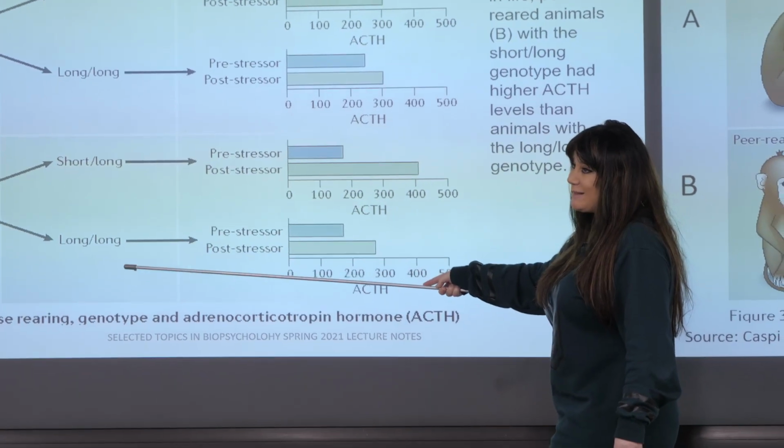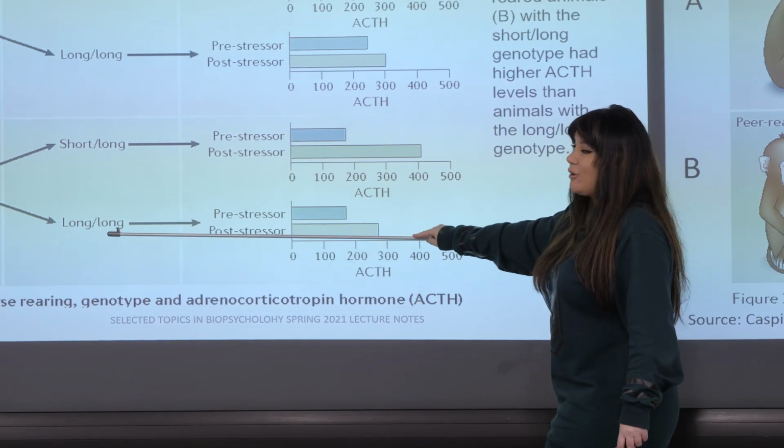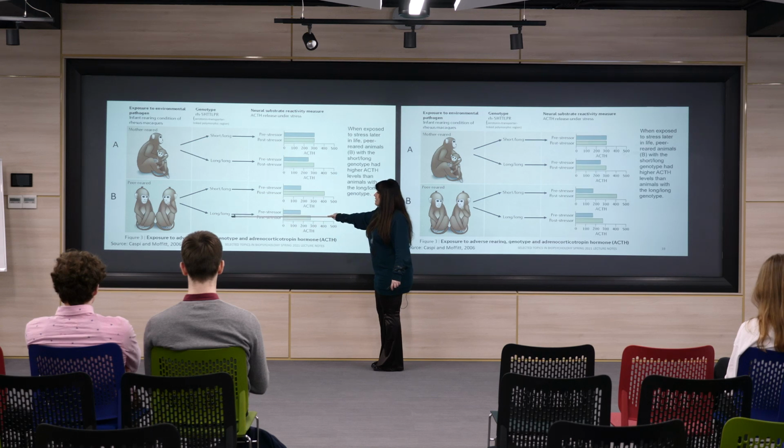First of all, let's talk about what it means in terms of serotonin. If there is the long genotype for the protein, that means there is more serotonin transporter protein in this case. And the animals who have this will have less serotonin. Is that correct? So the one who has more serotonin transporter is expected to have less serotonin, okay?